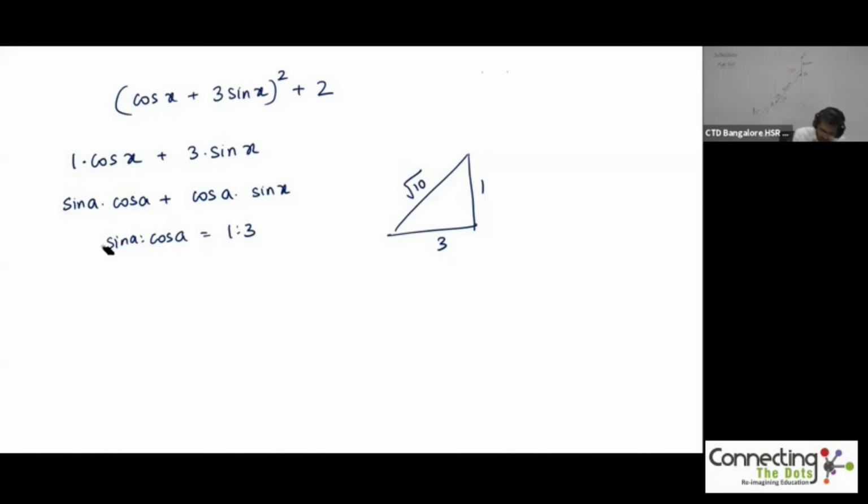So what we now have is we can actually go ahead and say that sine A is 1 by root 10 and cos A is 3 by root 10.